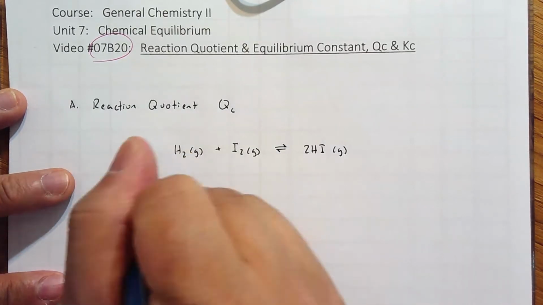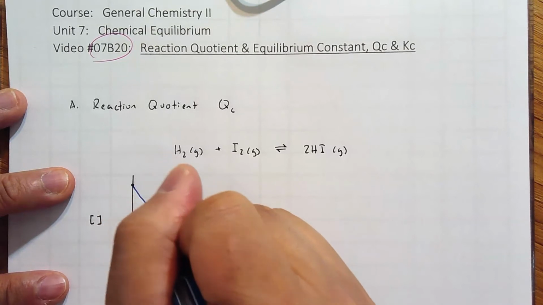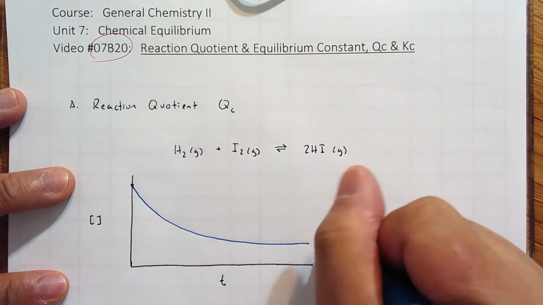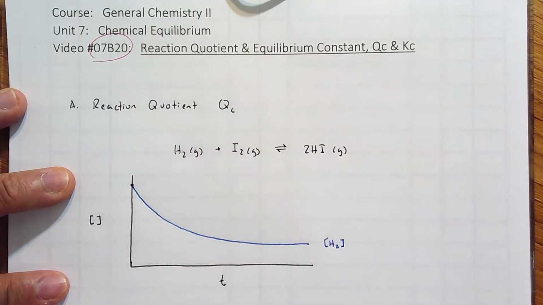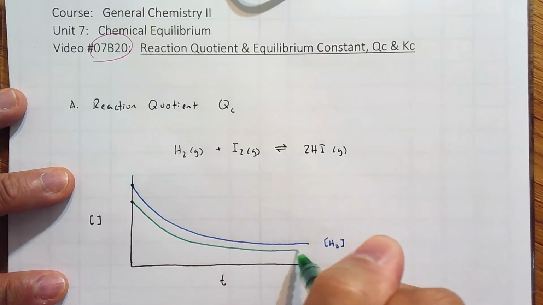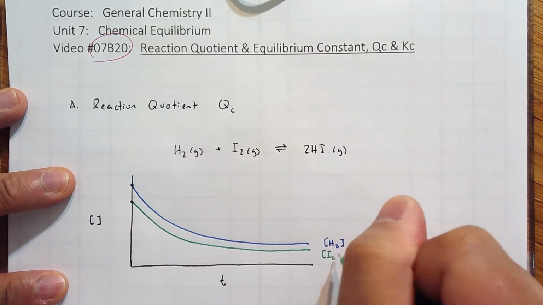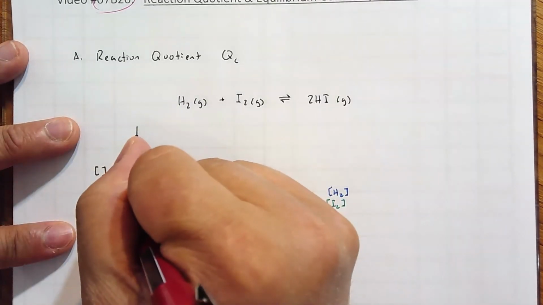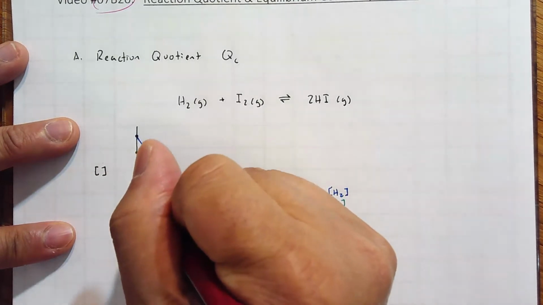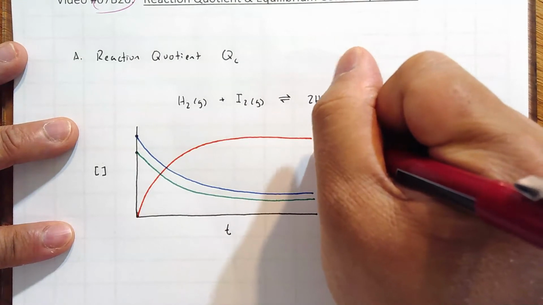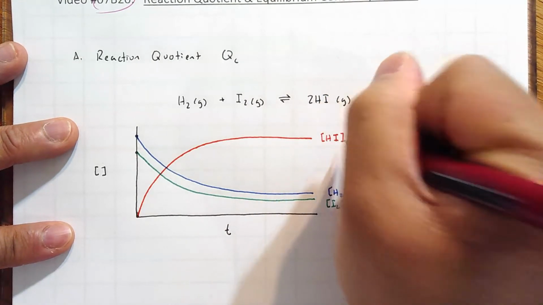H2 I had pretty high initially, and it drops as the reaction proceeds. We had a concentration of I2, which was a little less at the beginning, and it also drops because it is a reactant. And we started with 0 amount of the product, and it rises as the reaction progresses.